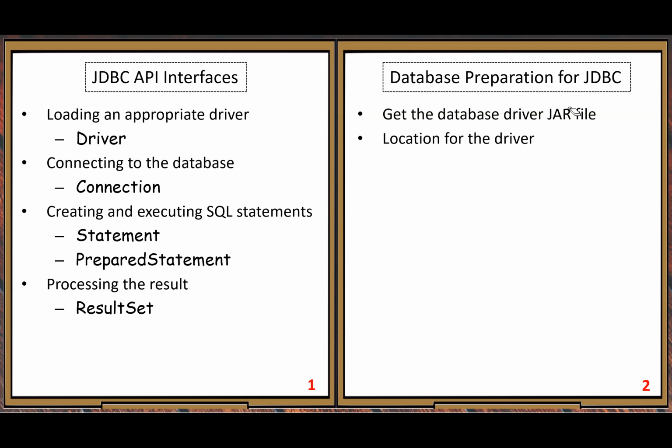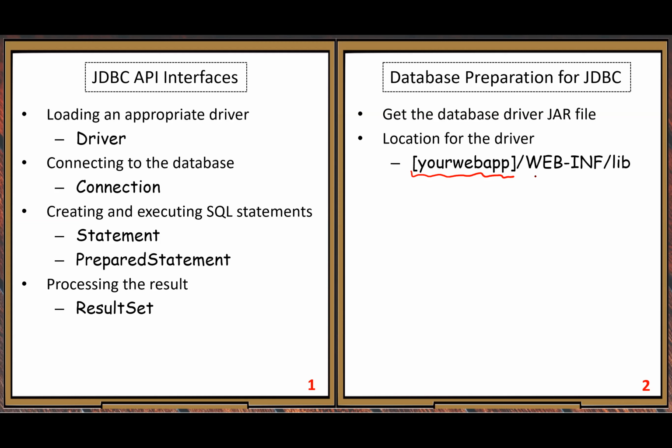Here, let me give you 2 locations. The first one, this location. The brackets, your web app, refers to your web application project folder. So you have a project folder, your context root.